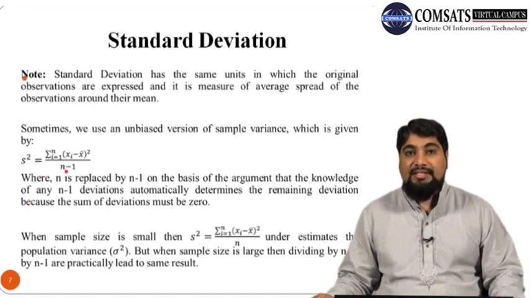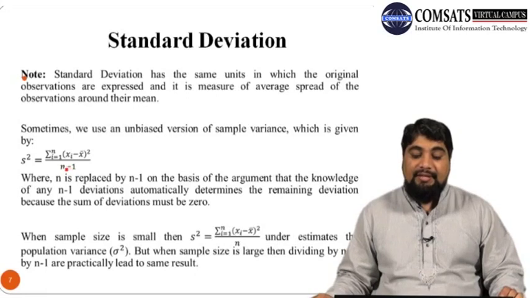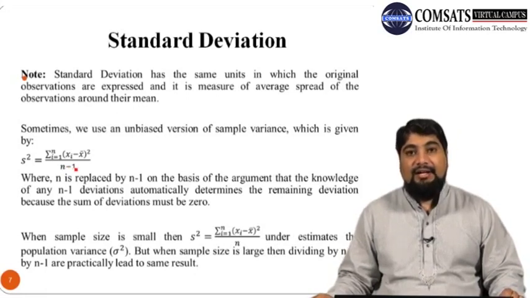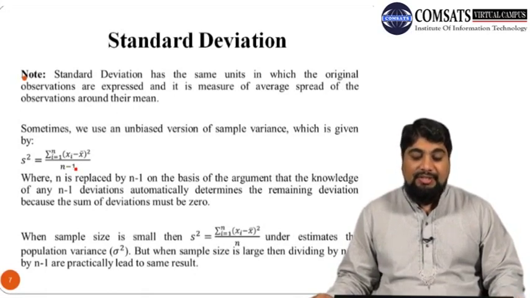So that's why instead of dividing this sum with n, we need to divide it by n minus 1. This is called the unbiased version of the variance.